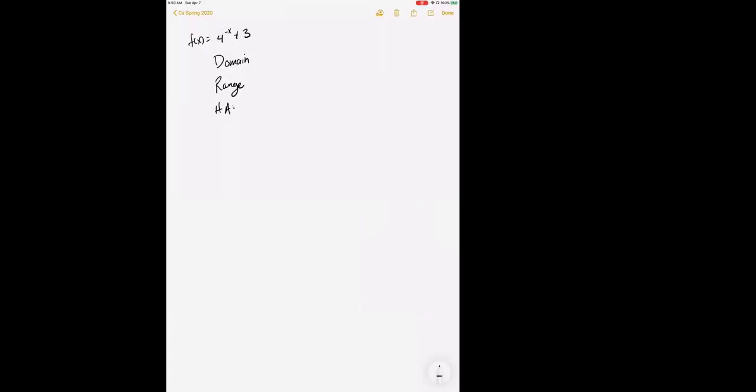Yeah. So if I have this right here, f of x is equal to -4 raised to the x, -2. This minus sign is a reflection over the x-axis. So the original graph looks like this.